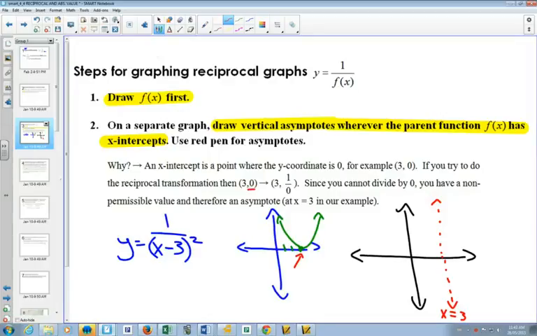Again, it's based on the idea that you're just taking your y value and doing 1 over that. If your y value is 0, then 1 over 0 is not allowed, so we get a vertical asymptote.